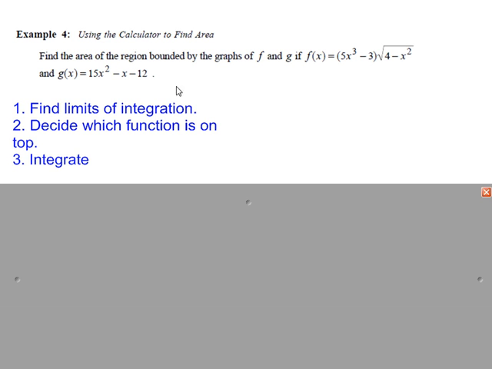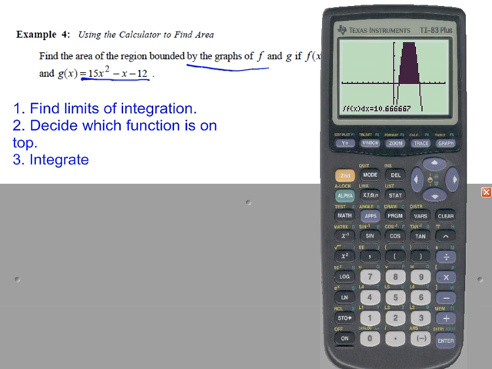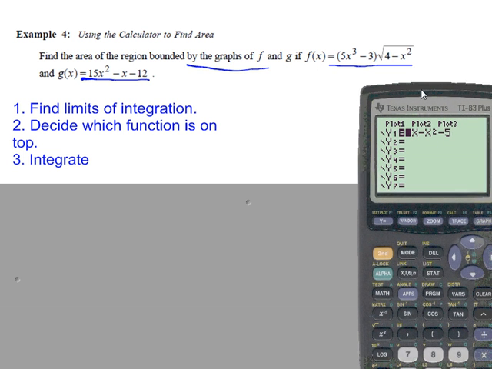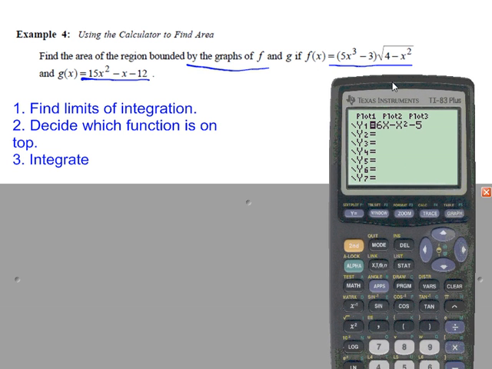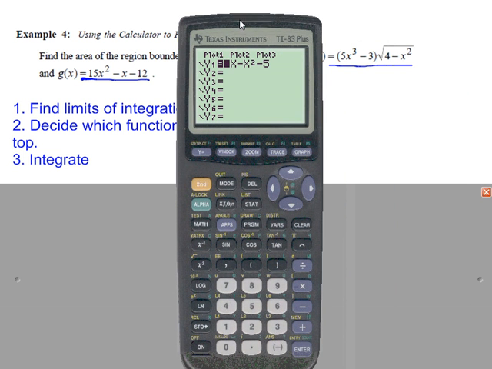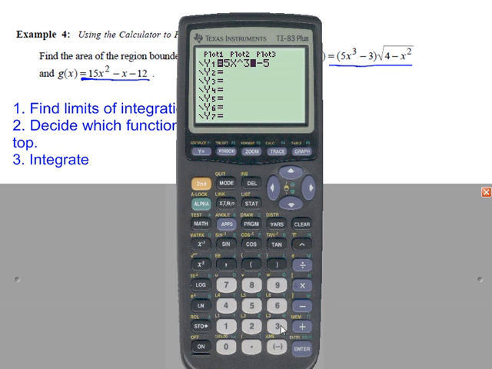So it says find the area of the region bounded above by the graphs of f and g of x. So let's put these into our graphing calculator. The first thing that I'm going to do is find out where they intersect.